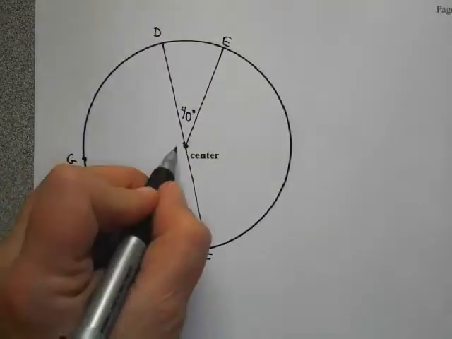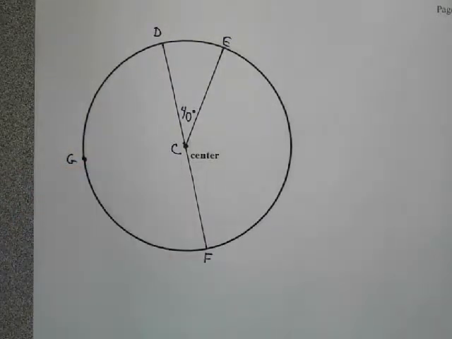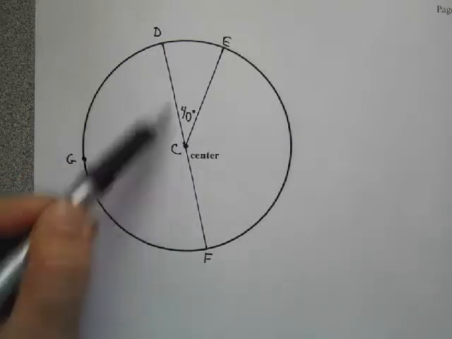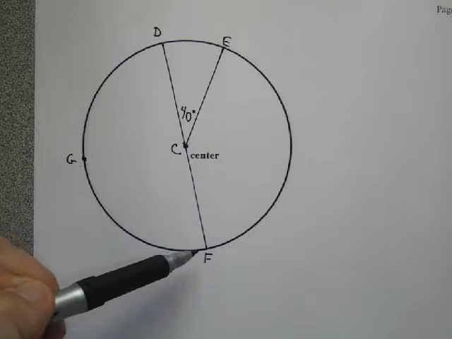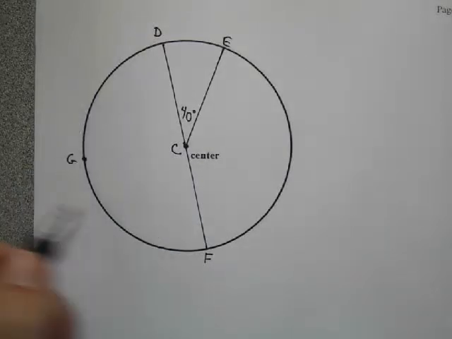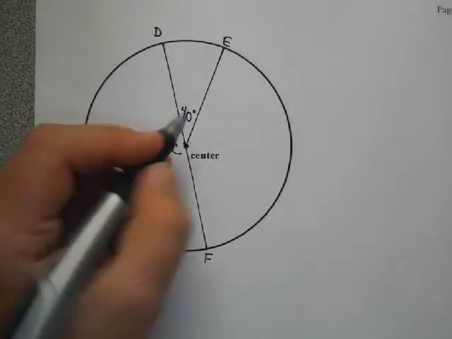And our center we can call C. So in this particular circle, the best thing to do first is put the remaining degrees in. DF goes through the center, so this is a diameter, meaning it cuts the circle into two parts of 180 degrees each. So we know that this whole angle over here would be 180.